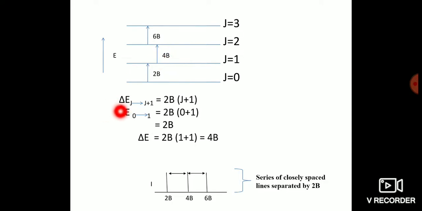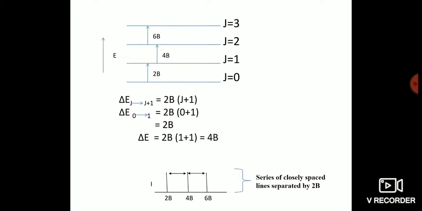If we consider delta E from J to J plus 1 is equal to 2B (J plus 1), which we have already determined, let us consider the transition from 0 to 1. So delta E for 0 to 1 will be 2B (0 plus 1), so it comes out to be 2B. For 1 to 2, delta E is 2B (1 plus 1), so 4B, right?